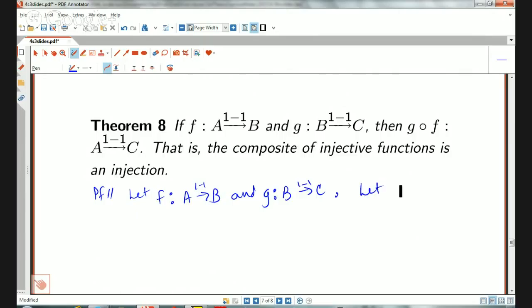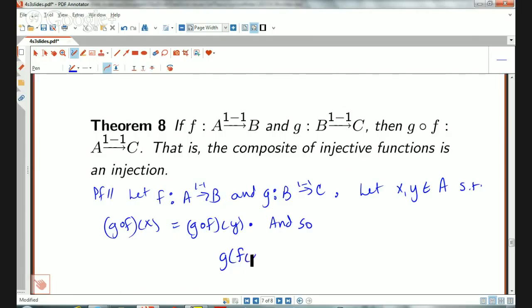Let X and Y be in A such that G composed of F of X is equal to G composed of F of Y. Apply the definition for G composed of F of X. That means you're going to have G of F of X is equal to G of F of Y. Now, you know G is one-to-one.